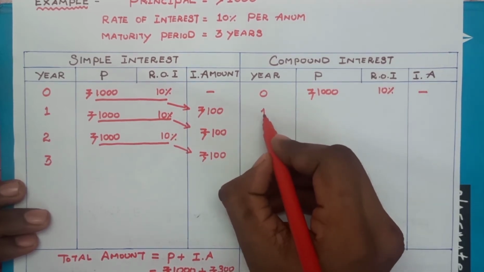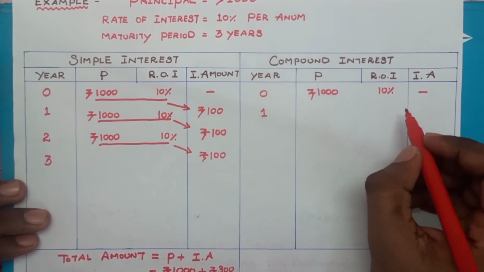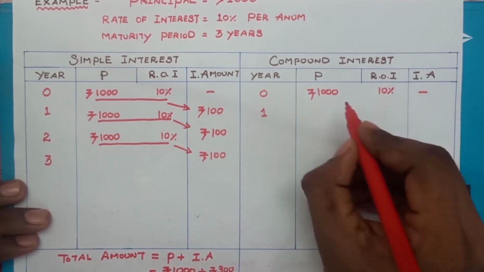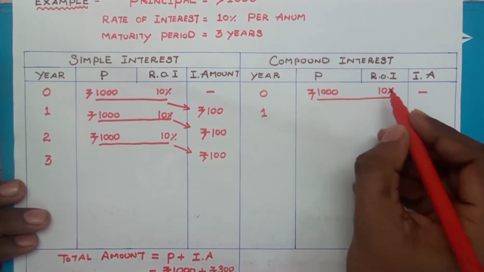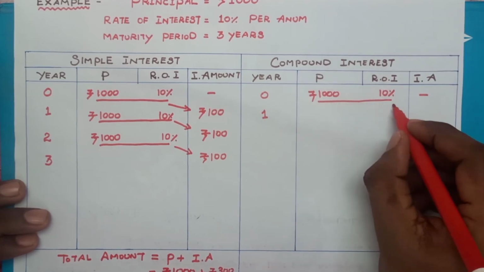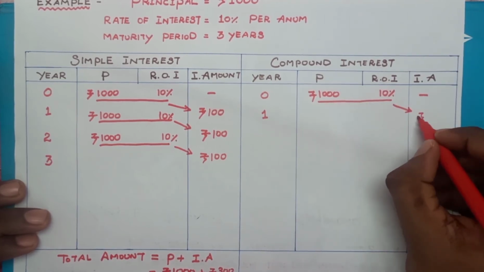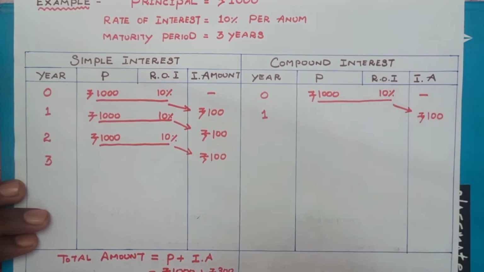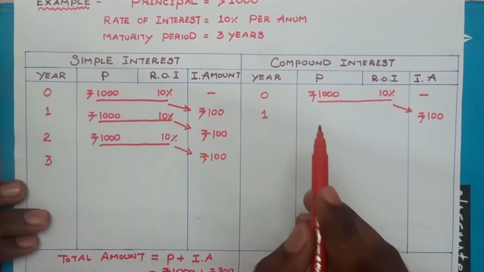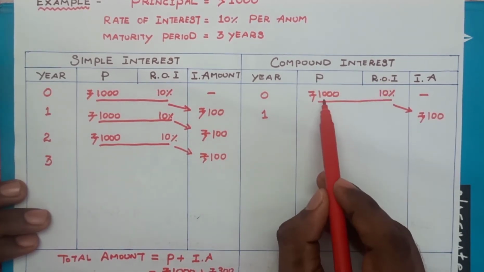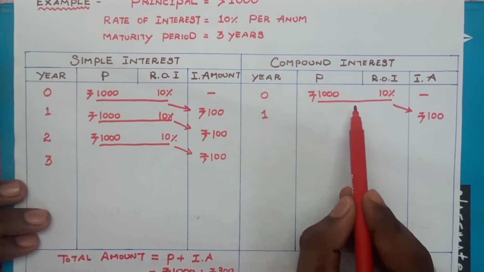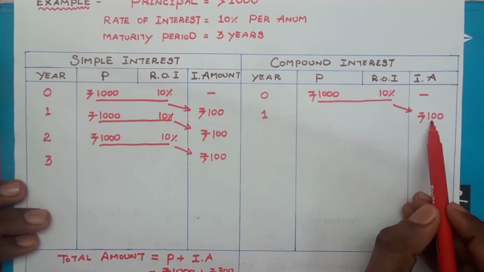And after completion of 1 year, you will get the interest amount based on the previous year principal, that is 10% of 1,000, ₹100 here.